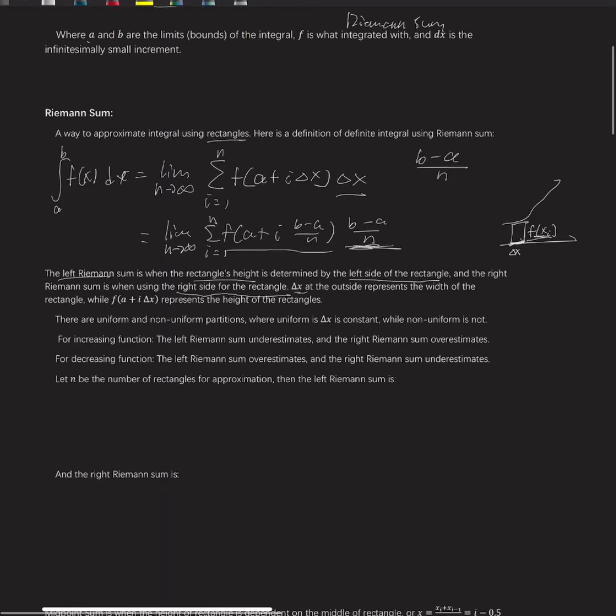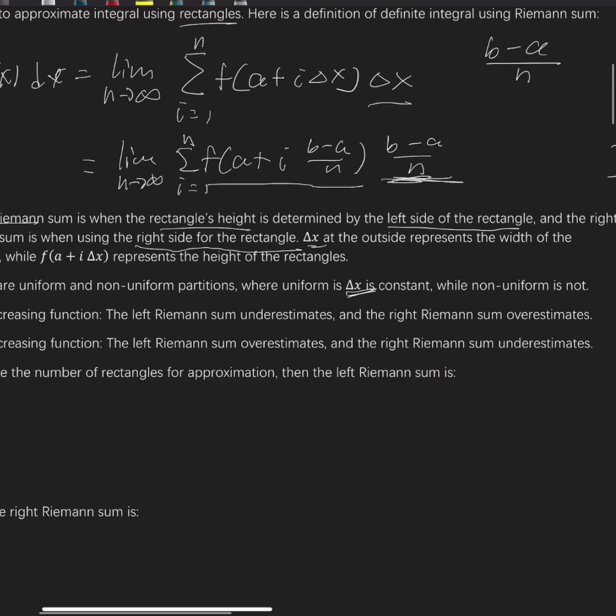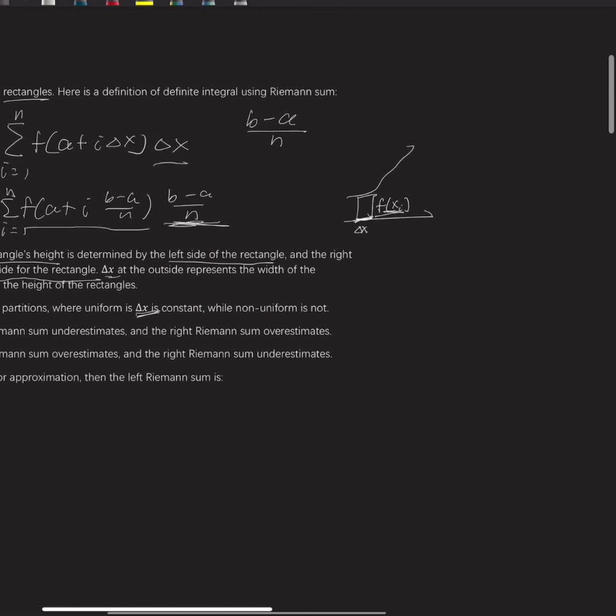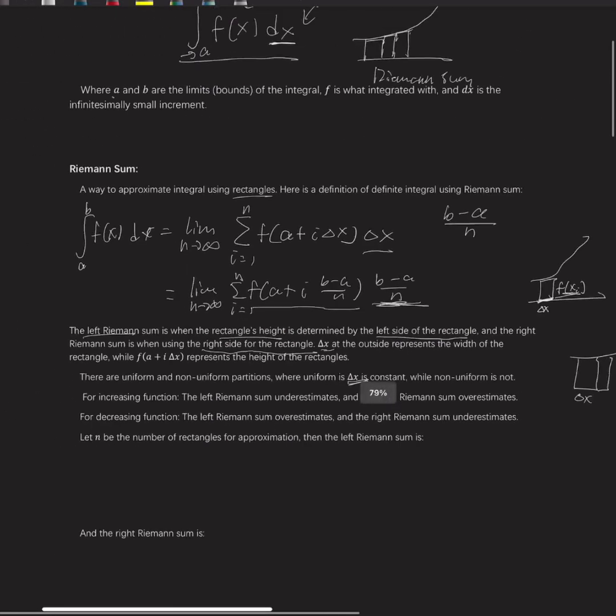There are uniform and non-uniform partitions, where for uniform, delta x is a constant, and non-uniform is not, which means non-uniform might look like this, and for uniform, this delta x is constant.